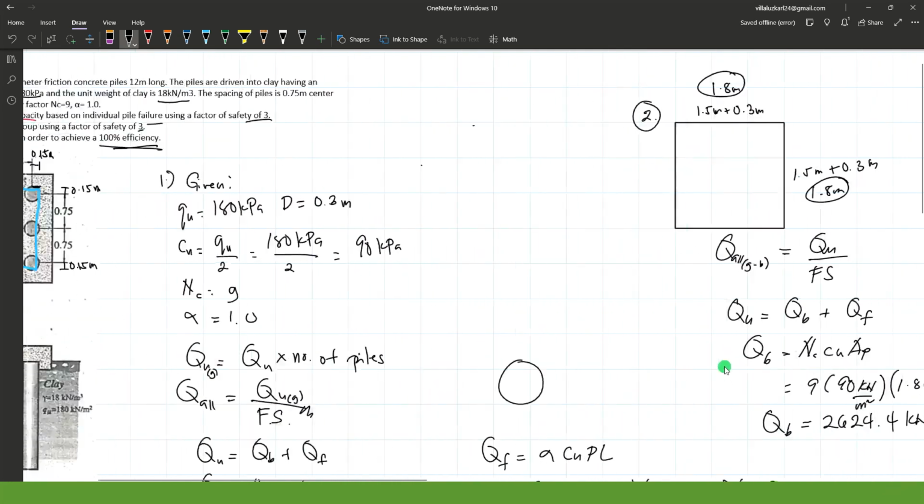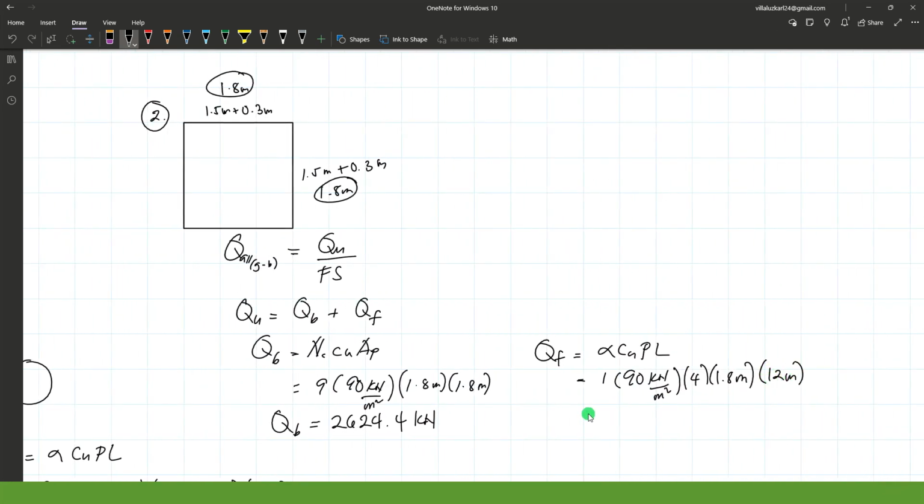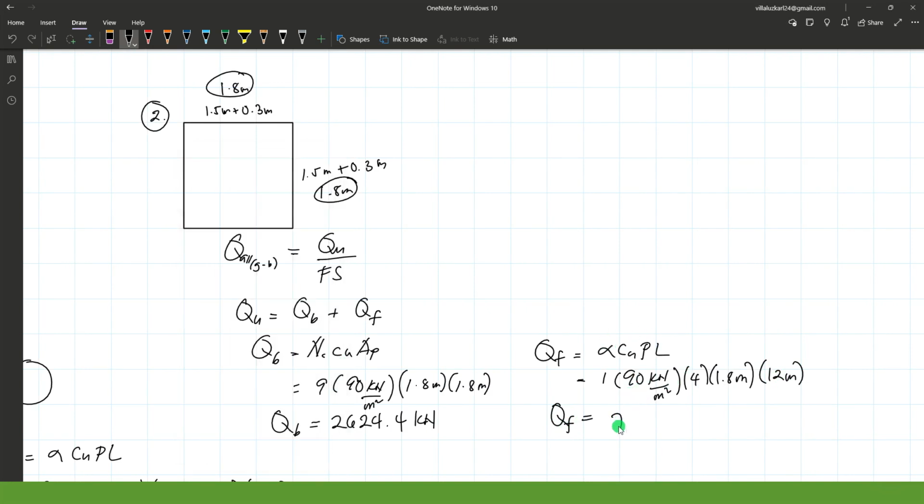Then the total length is 12. So QF is equal to 8 times 12, which is 7,776 kilonewtons.